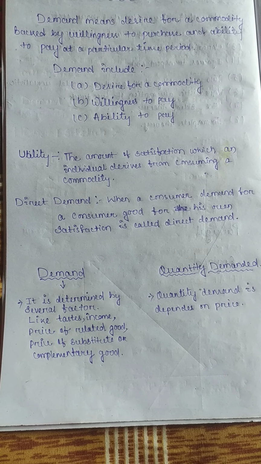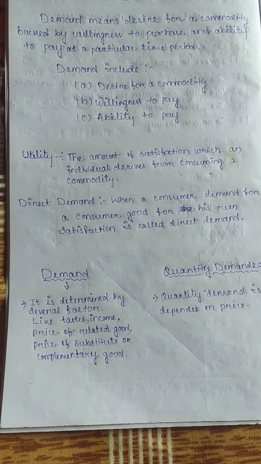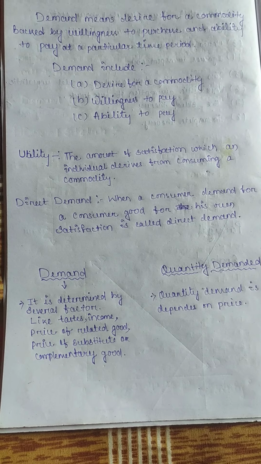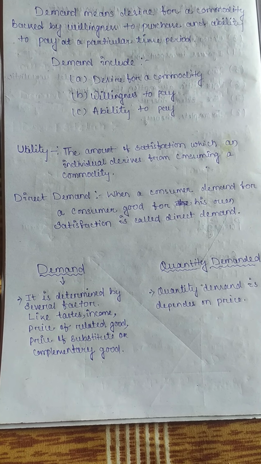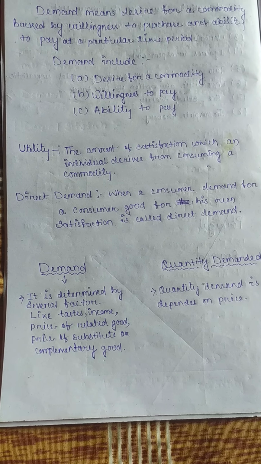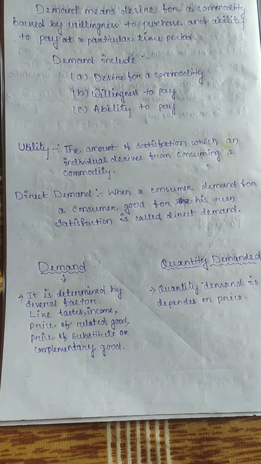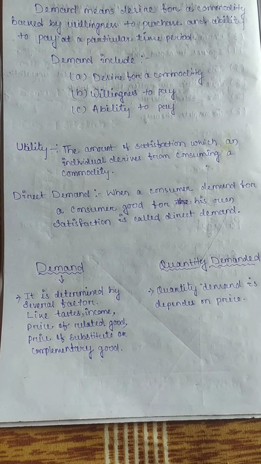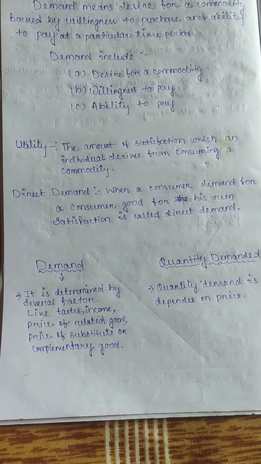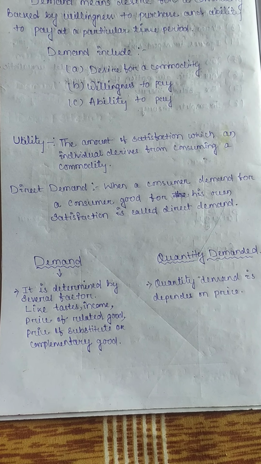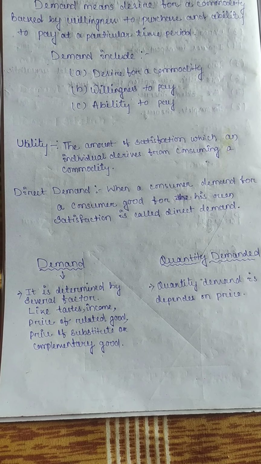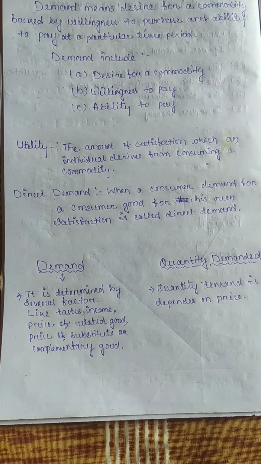Then with demand, there is one more concept, that is utility. In economics, utility means the amount of satisfaction which an individual derives from consuming a commodity. Or simply we can say that the satisfying capacity of a commodity is known as utility.